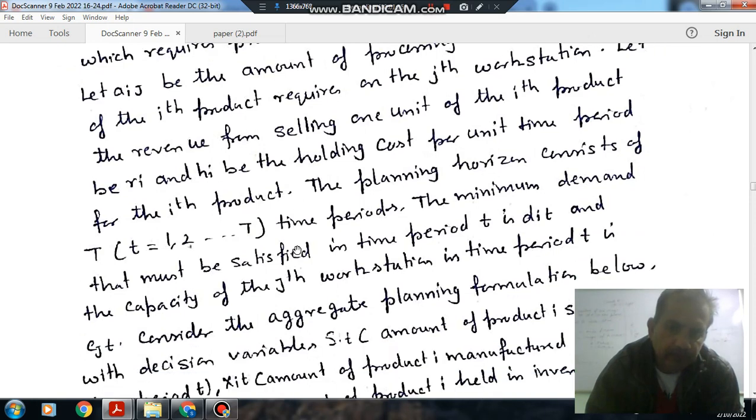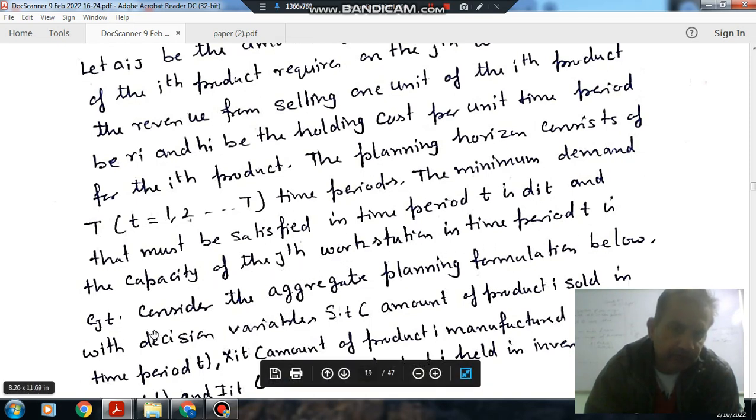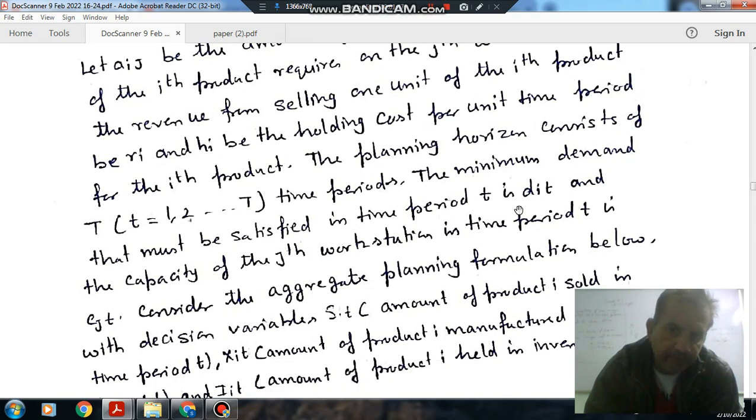The planning horizon consists of T time periods, t equal to 1 to T. The minimum demand that must be satisfied in time period t is Dit, and the capacity of the jth workstation in time period t is Cjt.